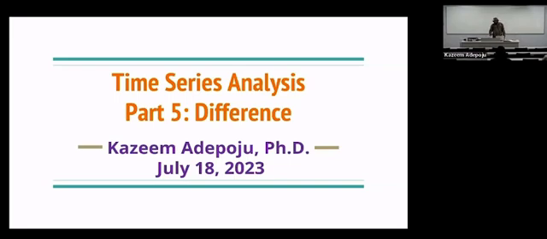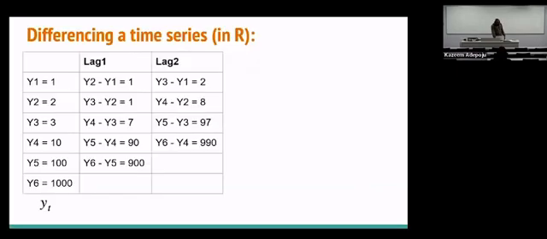Because of that, I'm presenting this topic as an intervention for a model whose assumptions are violated, and the assumption that is violated is stationarity. How do we fix it? So it's an intervention. When we want to fix it, we want to look at how many times we need to difference.